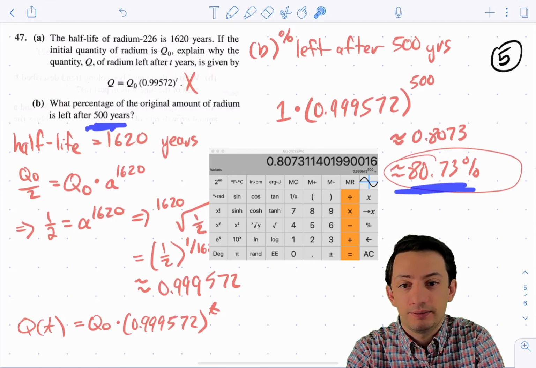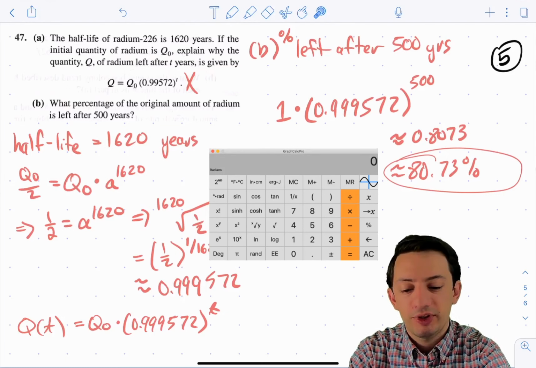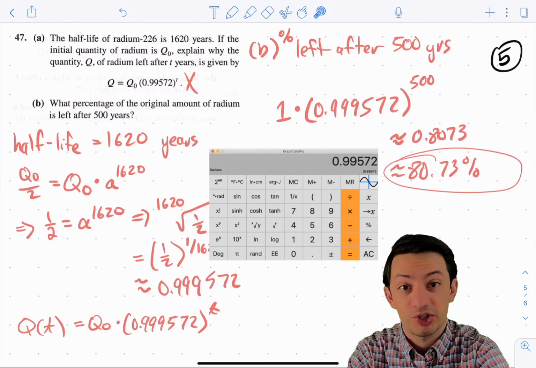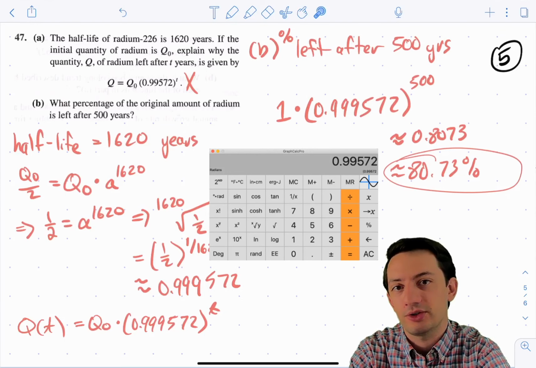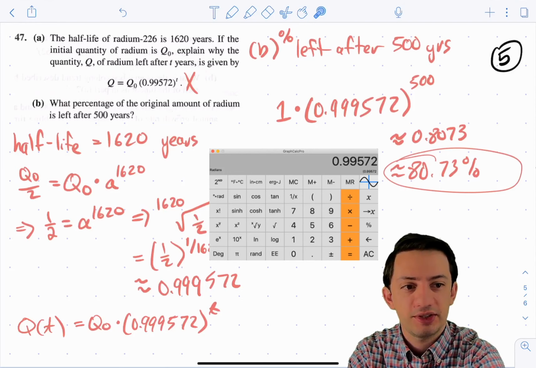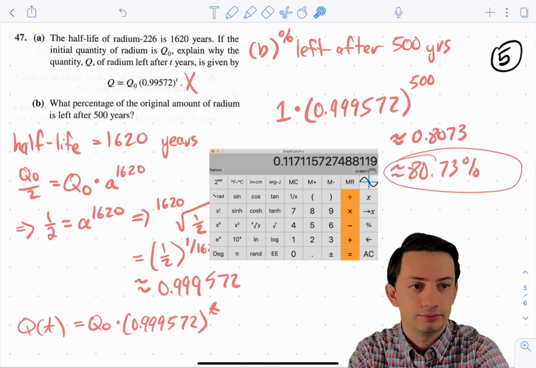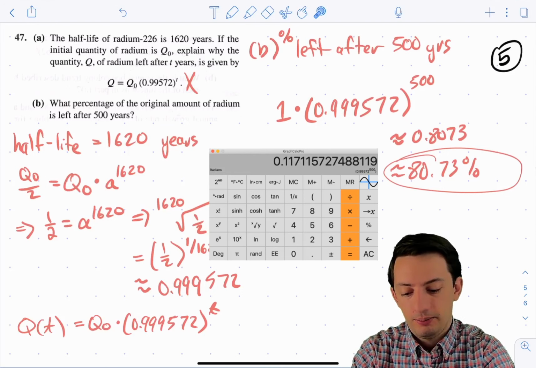That makes sense. Now what if we had used the book's numbers? What if we did 1 times the book's growth rate of 0.99572, which is missing that 9. Now that seems like a small error. It's only an error in the thousandths place. Let's do this to the 500. The book's answer would be about, let's use a different color so we don't get confused here, about 11%, 11.7%.